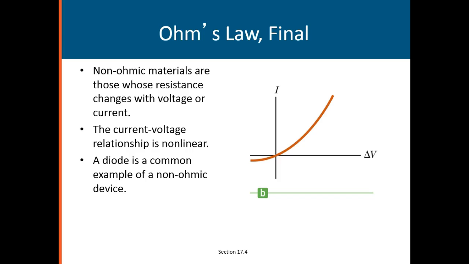So in 17, oh no, it said it right, I'm sorry. In 17.9b, does the resistance of the diode increase or decrease as the positive voltage increases? What would you say? Does the resistance of the diode increase or decrease as the positive voltage increases?